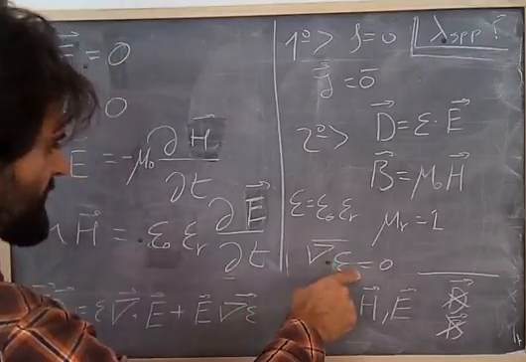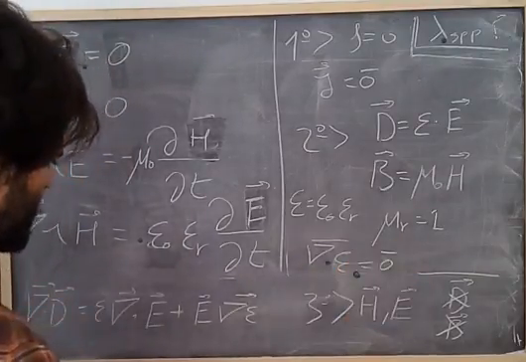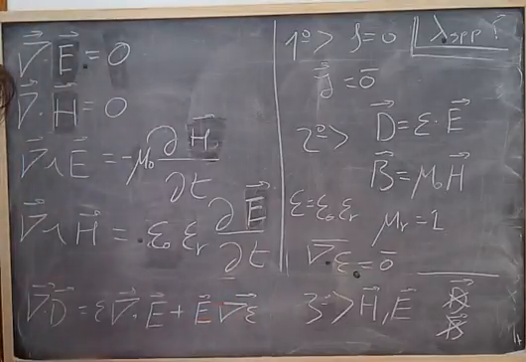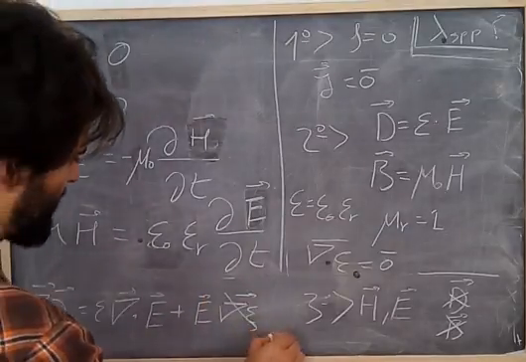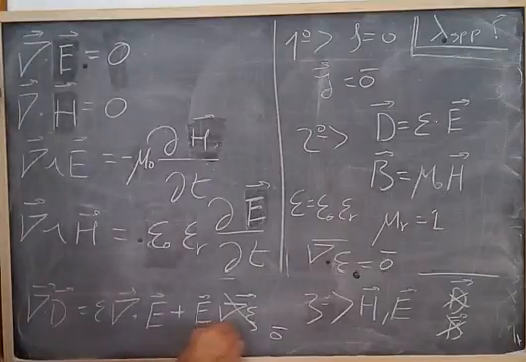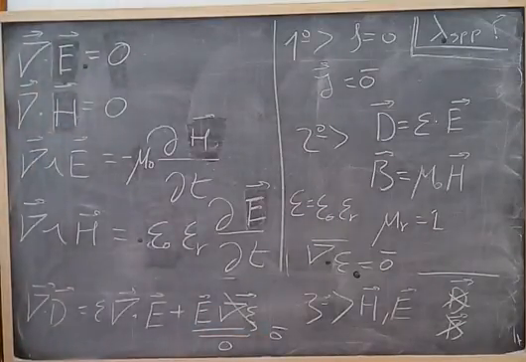But we say that this is equal to the 0 vector, so this scalar product is multiplied by a 0 vector. So this term is 0.